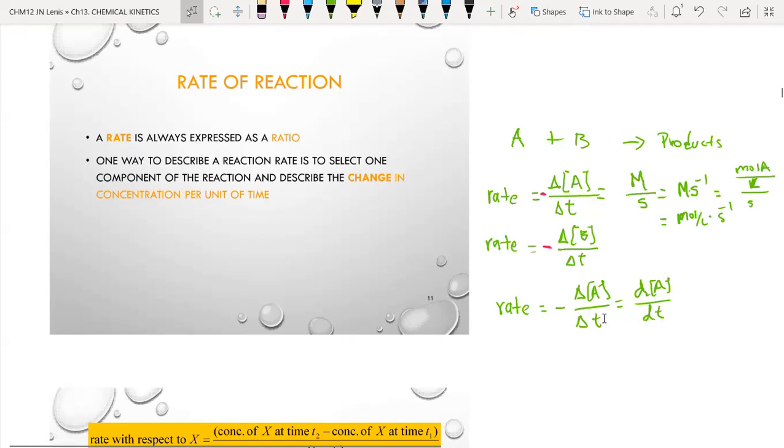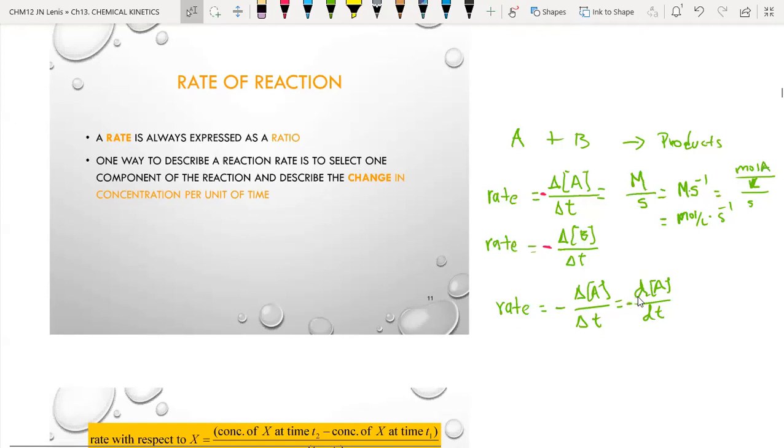That expresses also the change. This little symbol here is the derivative and represents the change also. So either way, this is negative.